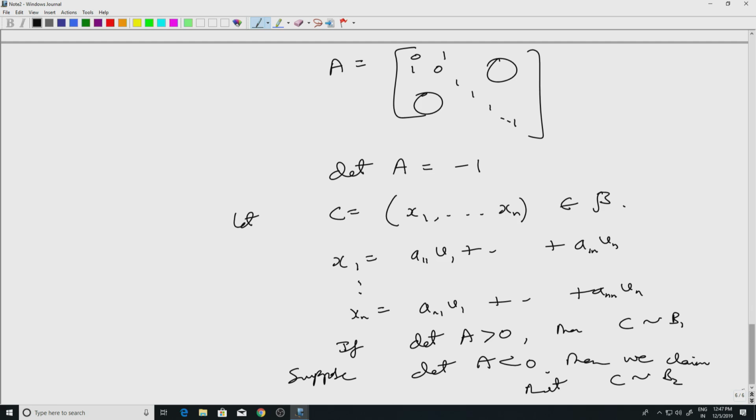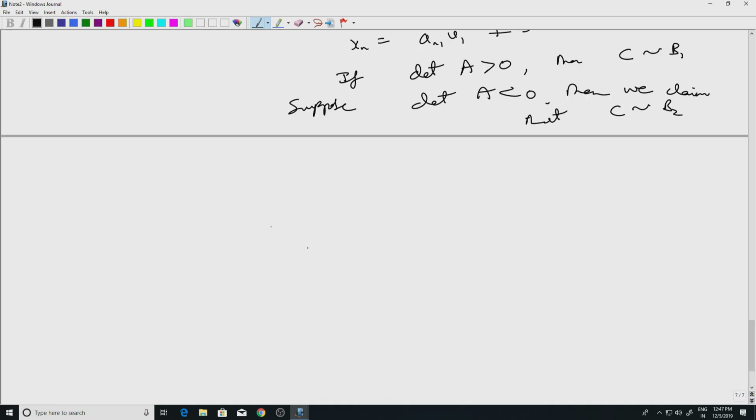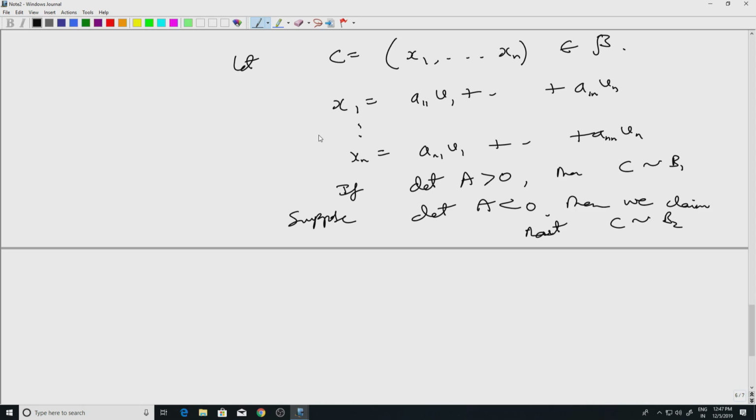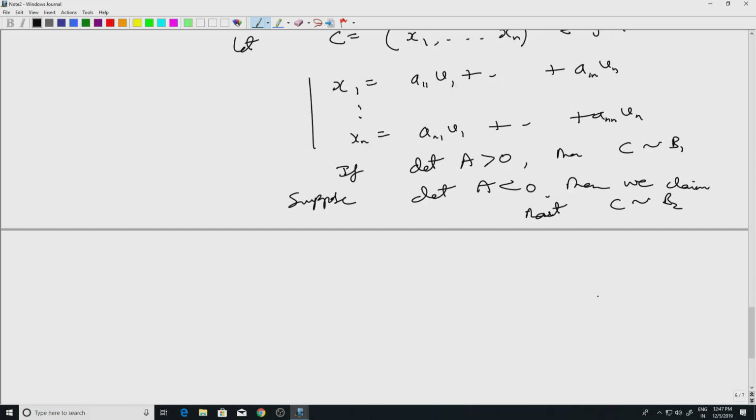That would prove what we want, that there are exactly two equivalence classes. So whatever I wrote here, this expansion, let me rewrite in terms of the W's, which is a basis making up B2.